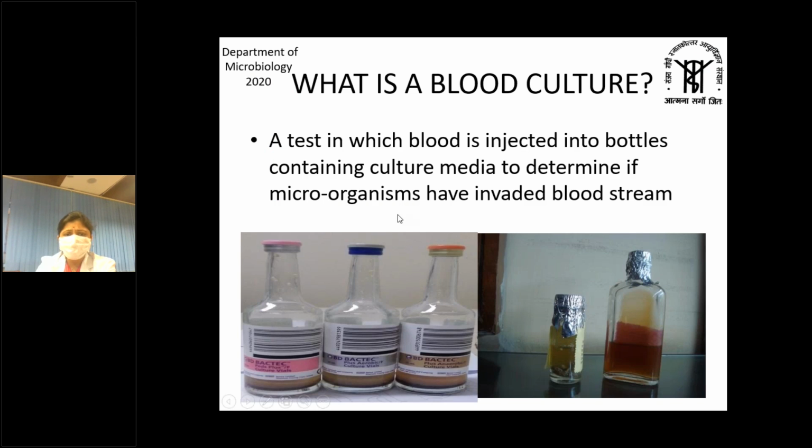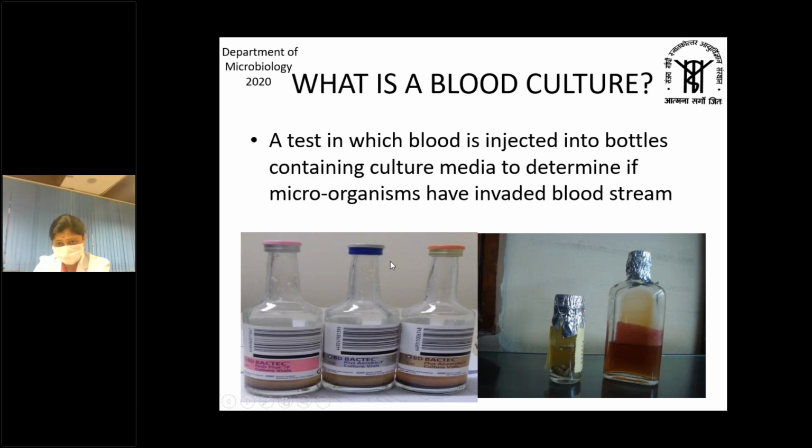Now, what is a blood culture? A blood culture is a test in which blood is injected into bottles containing culture media to determine if the patient has microorganisms in the bloodstream, that is, bacteremia or septicemia. Though most of you may not be familiar with the routine culture bottles, the best culture to avoid contamination are the automated BACTEC bottles.